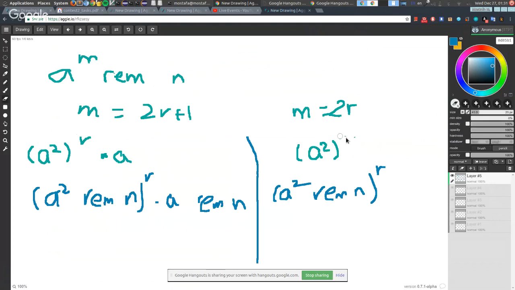Yeah, I think this should be r. So this is the basic idea, and we can code that right away to see how it is from a computational point of view.